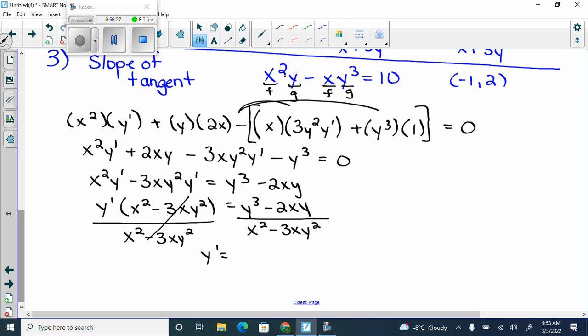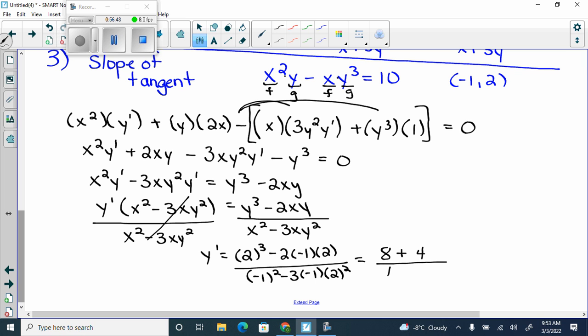So y prime equals 2 cubed minus 2 times negative 1 times 2 all over negative 1 squared minus 3 times negative 1 times 2 squared. So it's 8 plus 4 over 1 plus 12. 12 over 13?